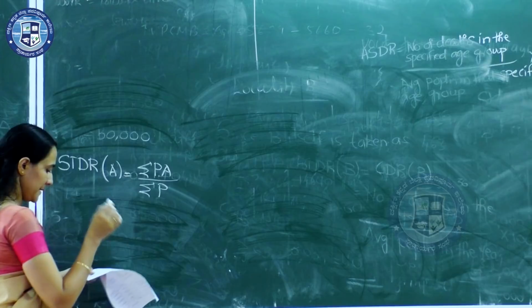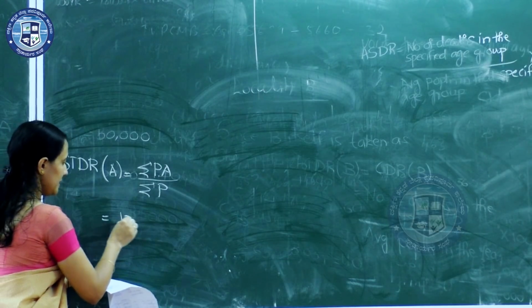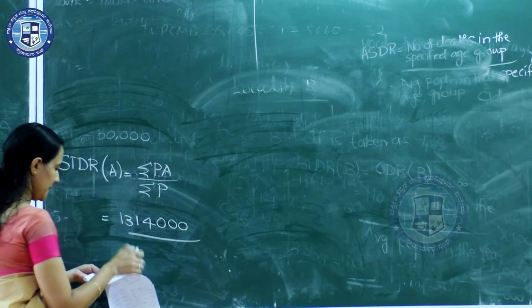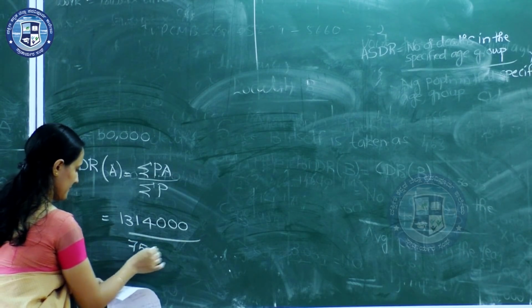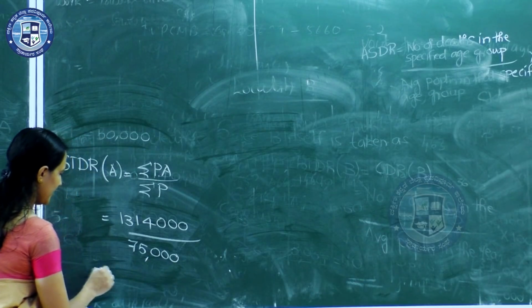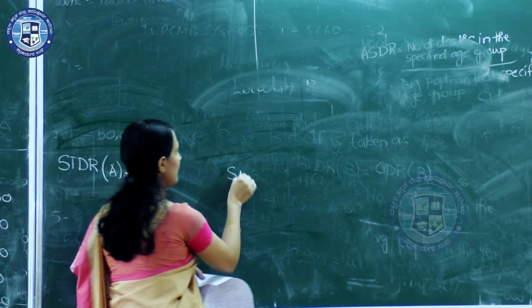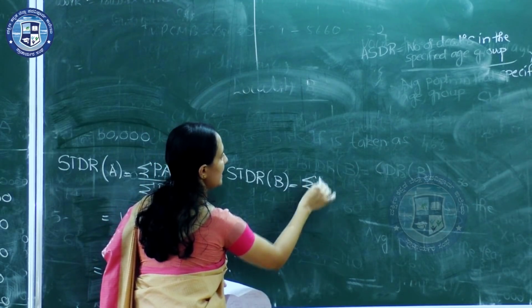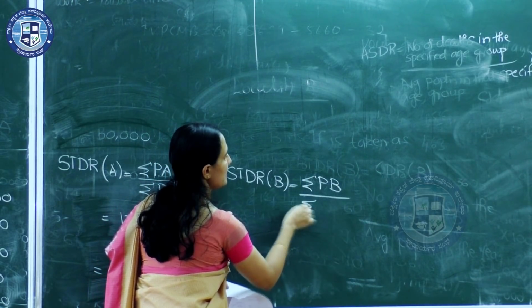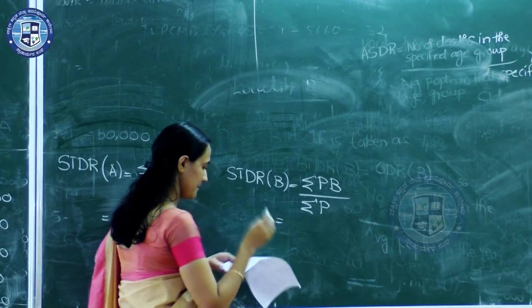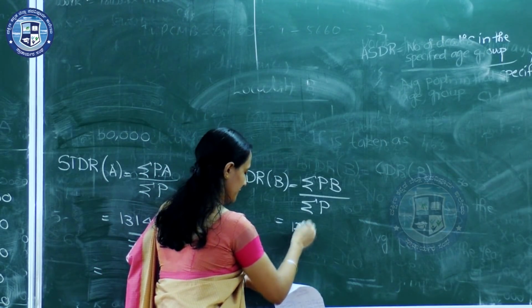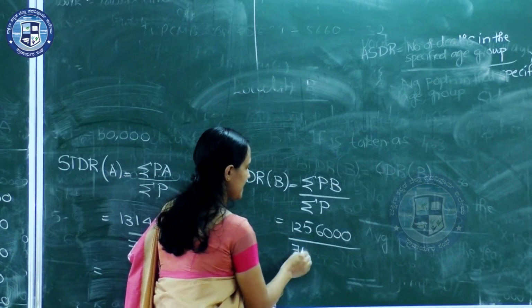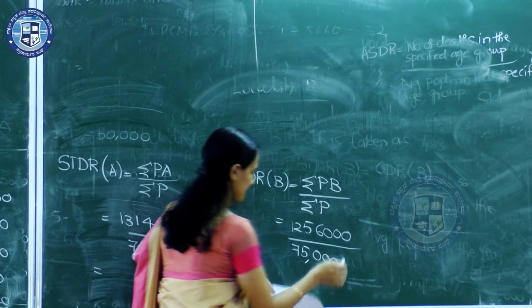Sigma PA divided by sigma P: 1,314,000 divided by 75,000. And STDR of B is sigma PB divided by sigma P: 1,256,000 divided by 75,000.